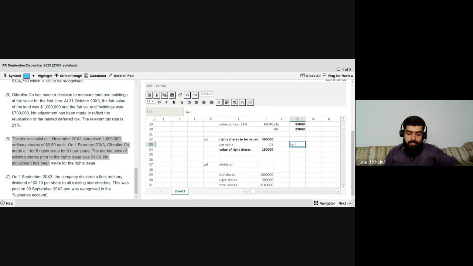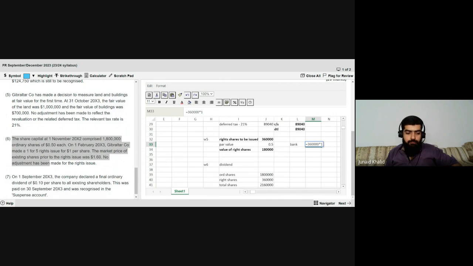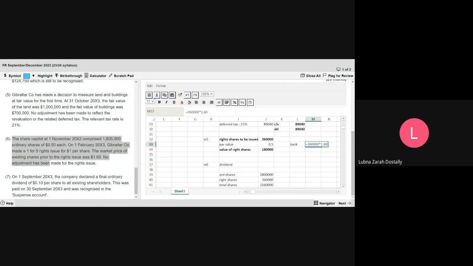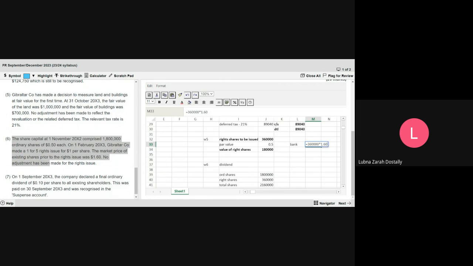If you have issued the shares, definitely bank will be debited, and that is 3,60,000 times 1.60. Why 1.60?